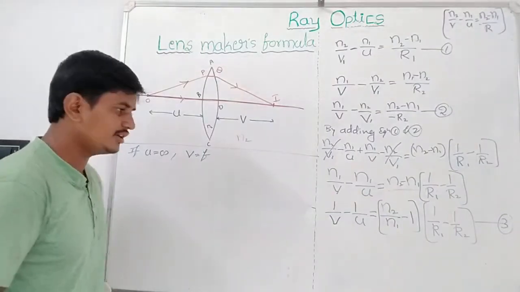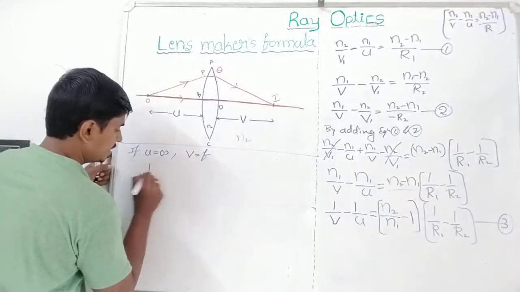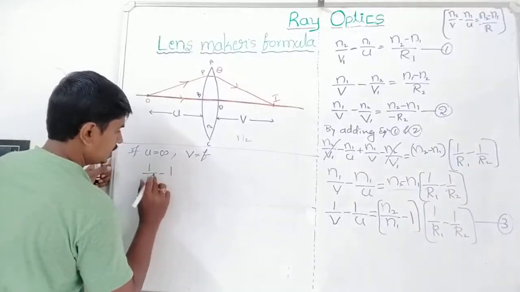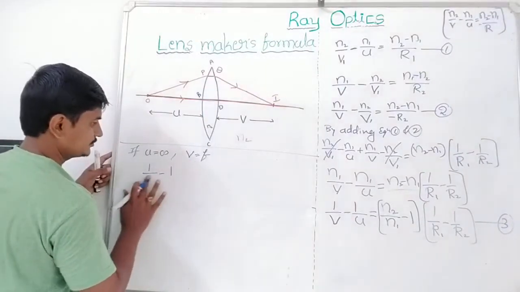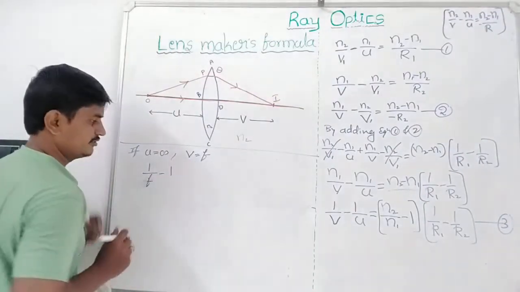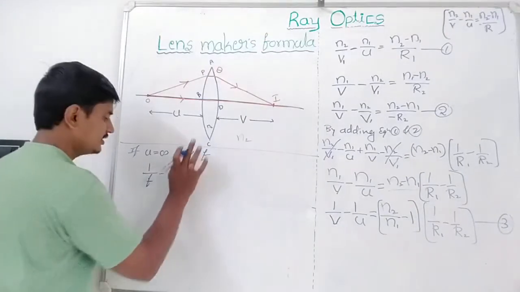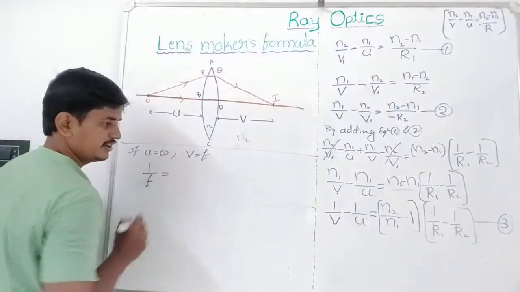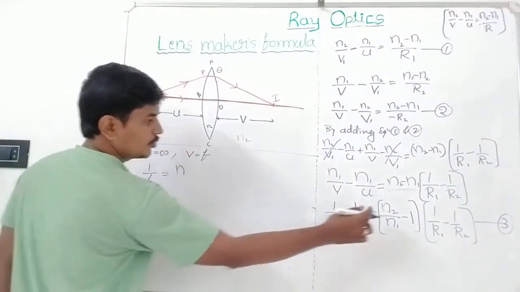Then our equation becomes 1 divided by v minus 1 by u. V we can take as f. Then minus 1 by infinity, 1 by infinity is nothing but 0. Then I put this, 1 by f is equal to, remaining term is n2 by n1.